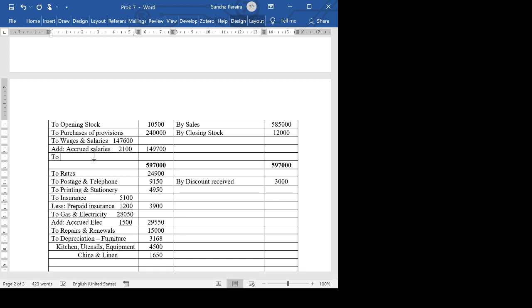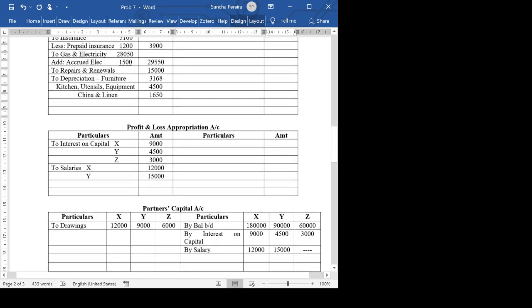The gross profit, carried down to the profit and loss account, is 5,97,000 minus 10,500 minus 2,40,000 minus 1,49,700, which comes to 196,800. Bring down the gross profit, by gross profit brought down 196,800.